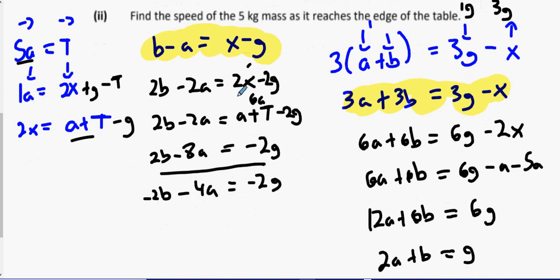So when we subbed in this 2x here, which is a plus t, there should have been another minus g there, and that would give that minus 3g. And then on this side here, it should have been 2x, which was minus a minus t plus g. So it should have been a plus g over this side, and that should have been 7g.